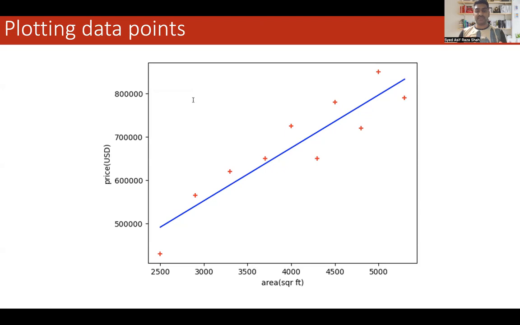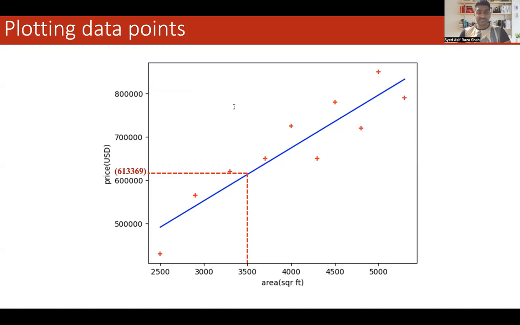If I want to predict the price of a house having 3,500 area, we see where the point meets the line, and it will be something like 6 lakh 13,69. This can be the predicted price using this blue line. So this blue line is a best fit for getting data points for prediction.